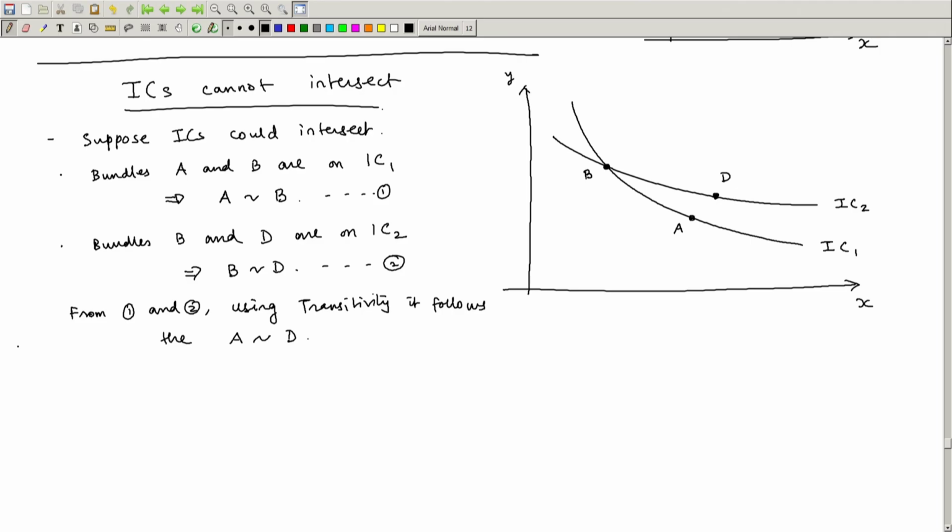Well, what is the problem? The problem is that if I am indifferent between A and D, both A and D must lie on the same indifference curve, which clearly they do not.